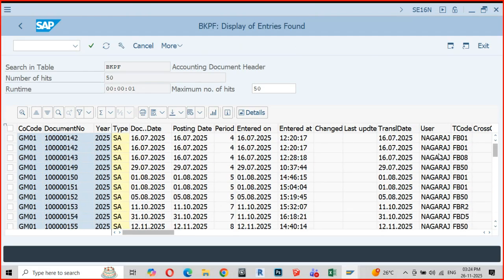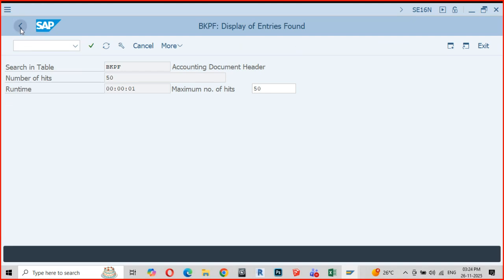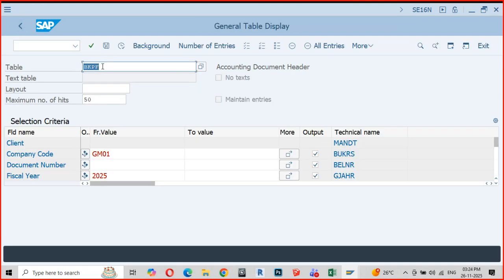None of them have actually entered documents in the year 2025. Not a problem. So now this is your BKPF. Now, what is the difference? I will extract the BSIG for the same document, 100000141. Now see the difference.